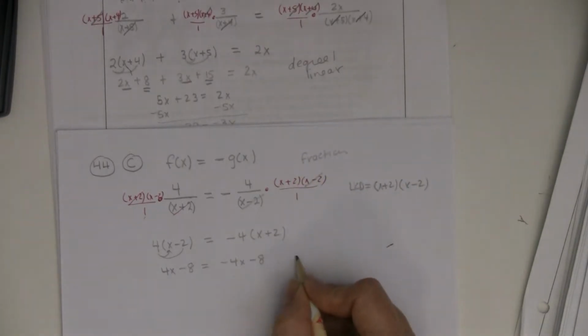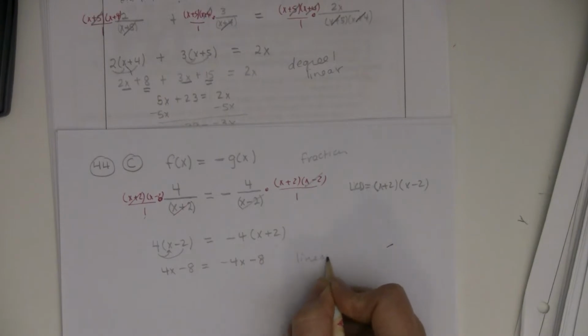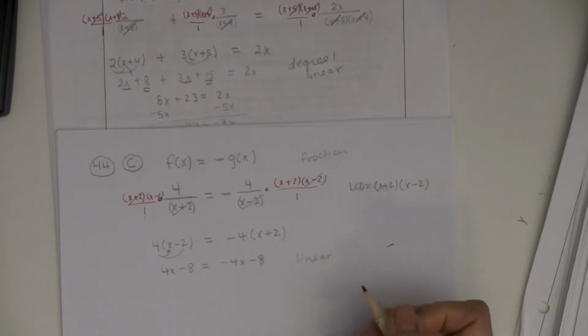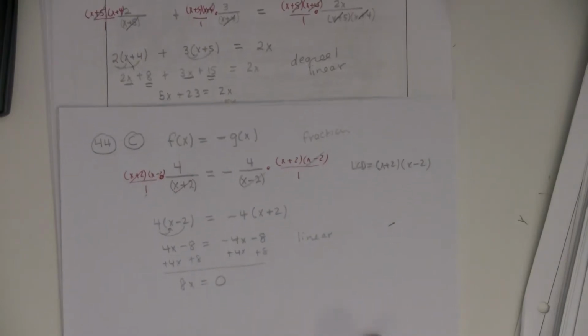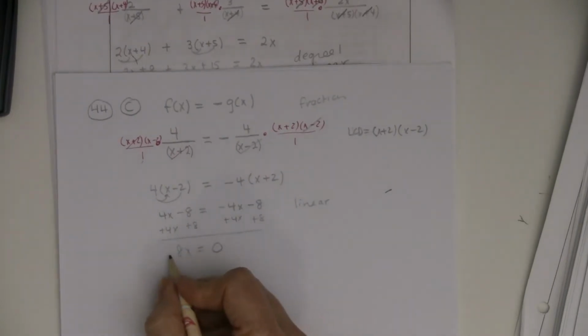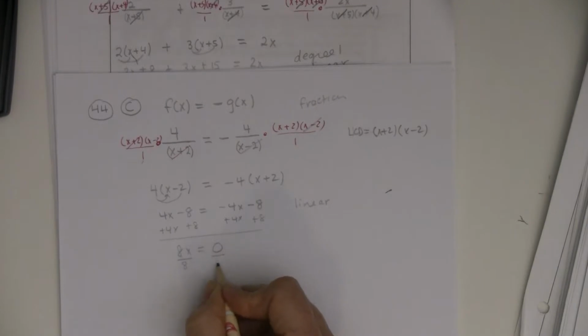And now, oh, it's linear. And so you would add 4x to both sides and add 8 to both sides. So I get 8x equals 0, and I'm going to divide by 8 to solve for x, and I get x equals 0 divided by 8 is 0.